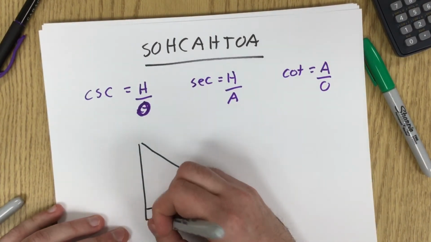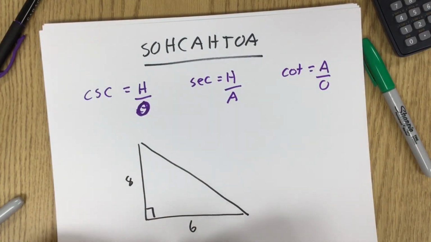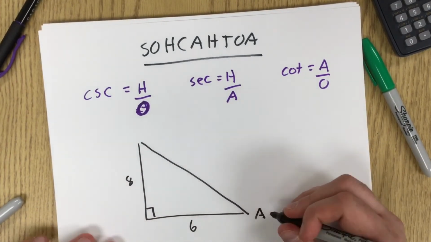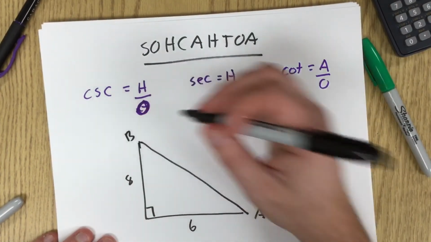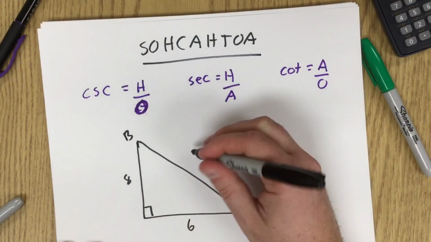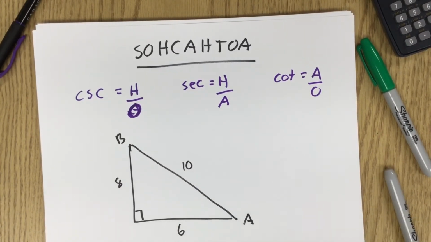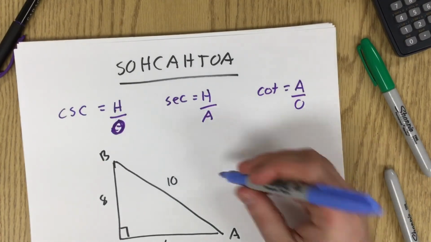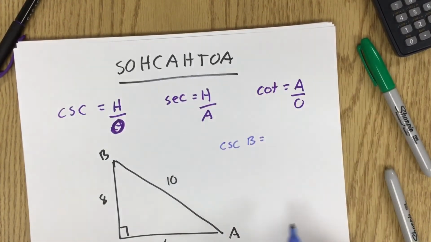So let's say, for example, we have a triangle here, with angles A and B. If you worked it out, 6 squared plus 8 squared, this is going to be 10. So let's say the question was, what is the cosecant of B in this triangle?